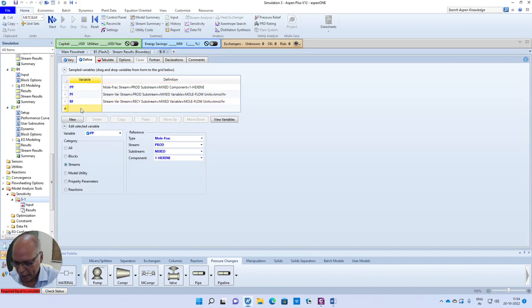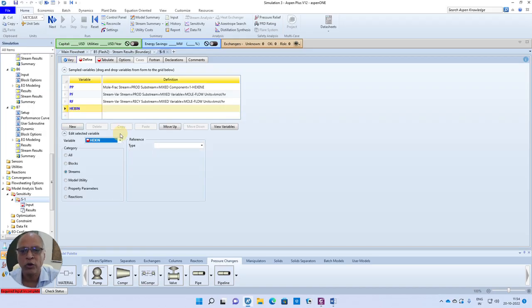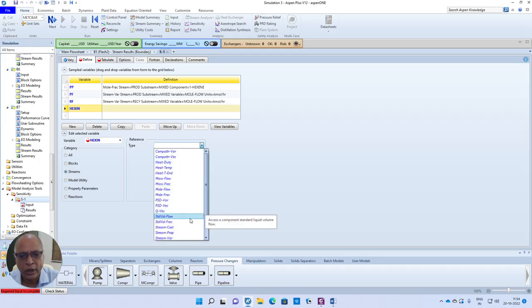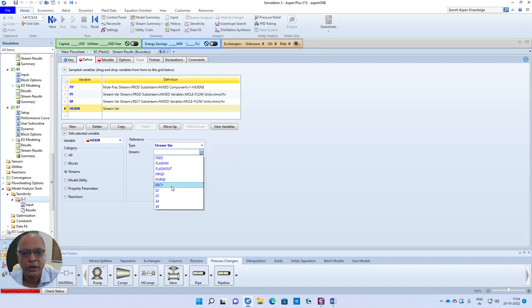So, hexene into the flash column, I mean. This is also a stream variable. Stream is flash in.